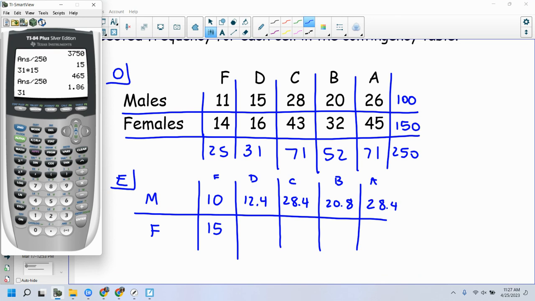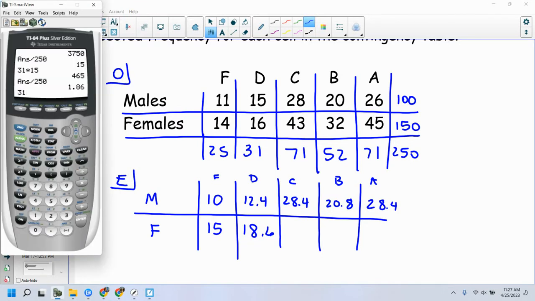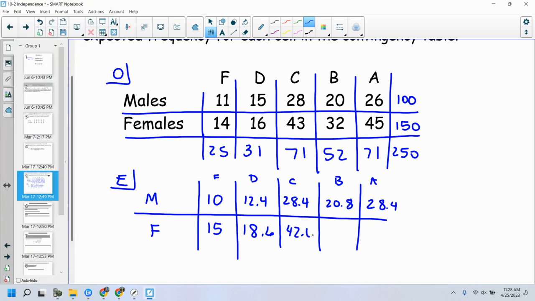Yeah, I can just move the decimal. 18.6. I can do 71 times, oh, shoot. 71 times 150 divided by 250. 42.6.